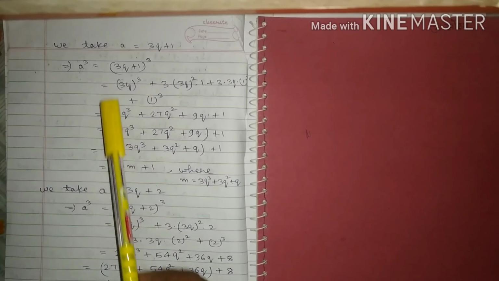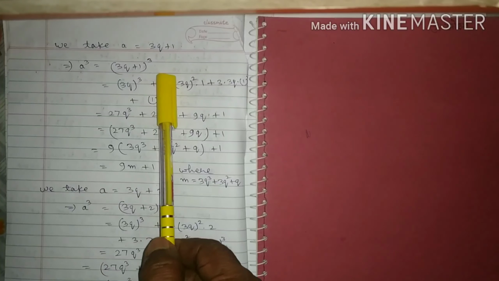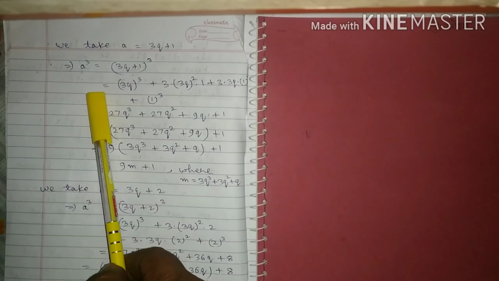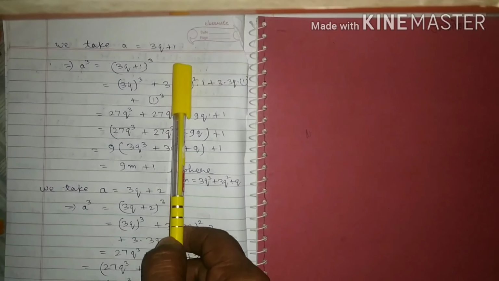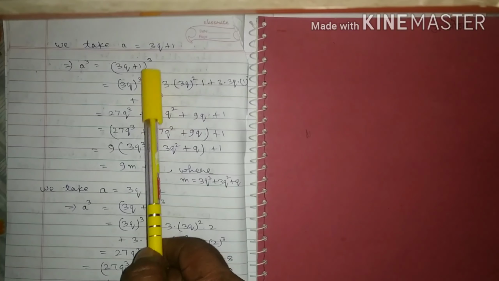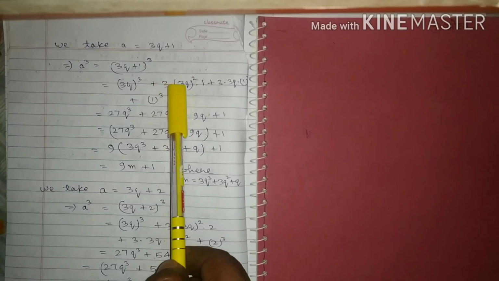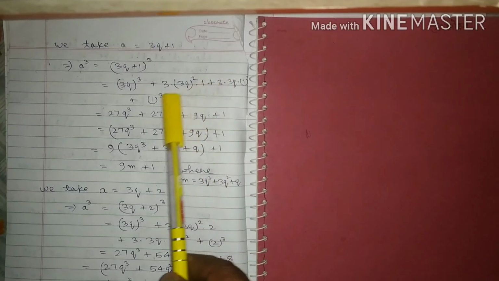We take a equal to 3q plus 1. Cubing both sides, a cube equals 3q plus 1 the whole cube, where we use the formula of a plus b the whole cube, which equals a cube plus 3a square b plus 3ab square plus b cube.